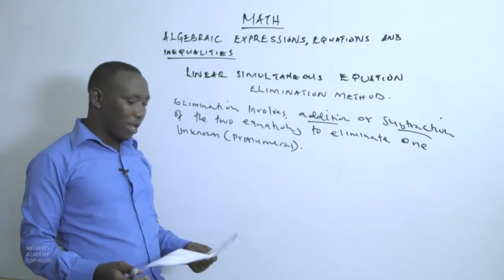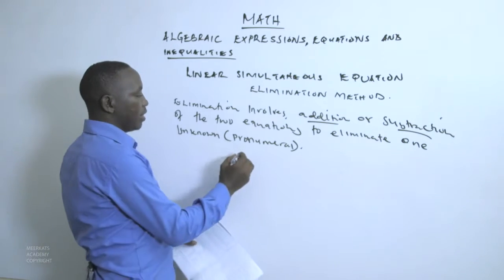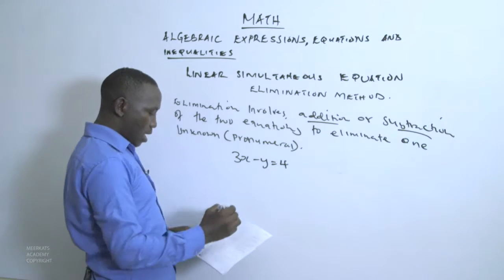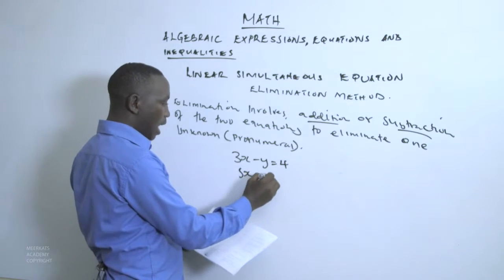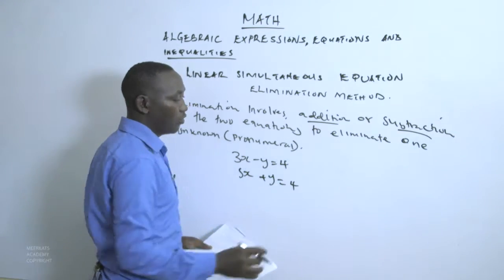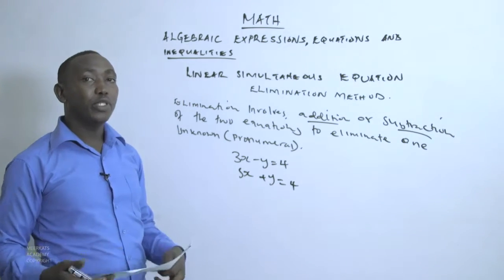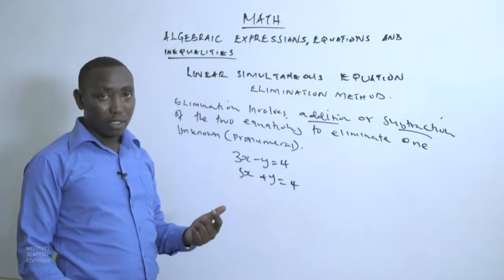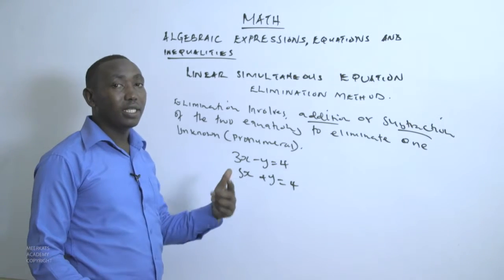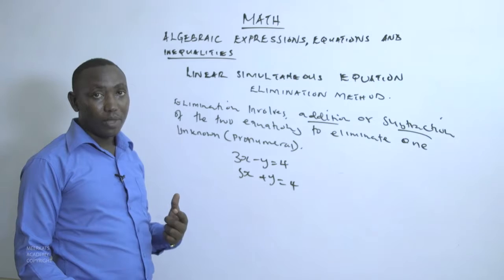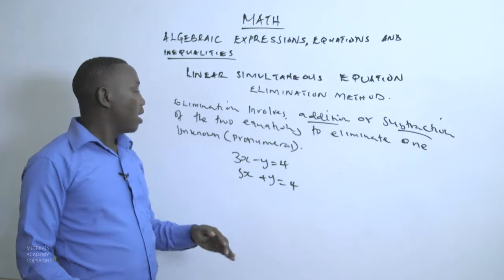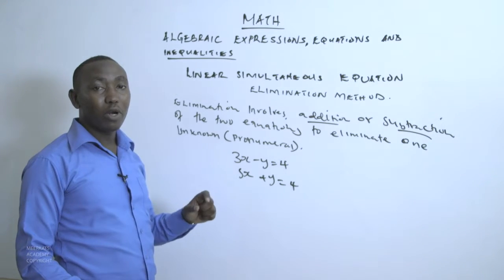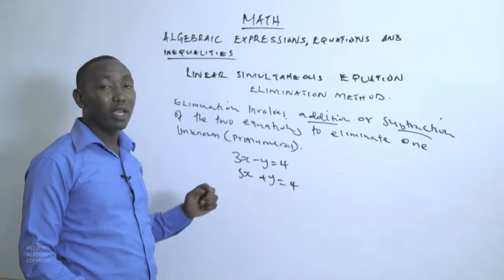Now, in case you are given equations of this form, 3x minus y is equal to 4, and 5x plus y is equal to 4, and we are supposed to eliminate one of the pronumerals, then you need to inspect which pronumeral is easier to eliminate. In experience, it is always easier to eliminate the pronumeral with the same coefficient in both equations.